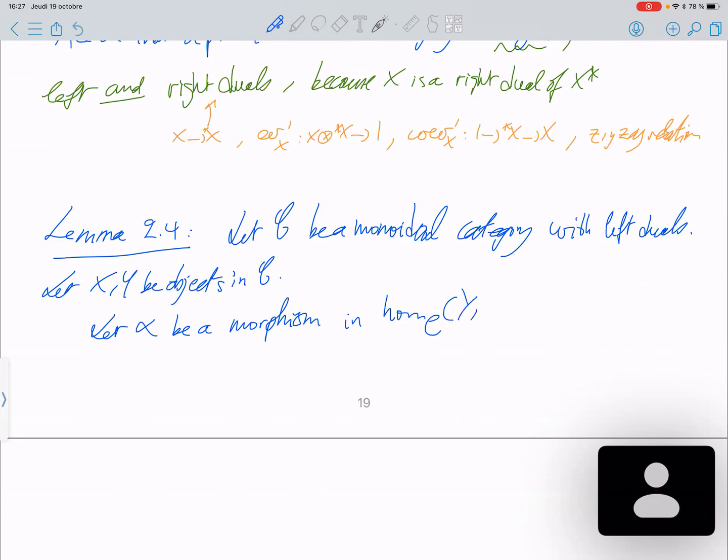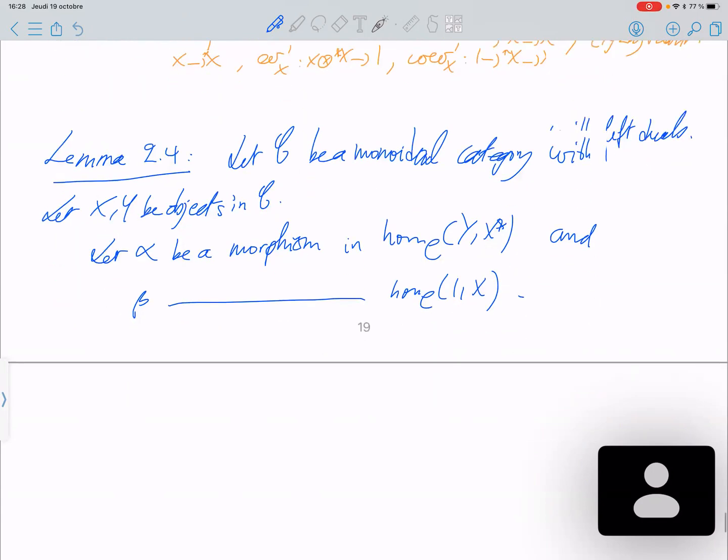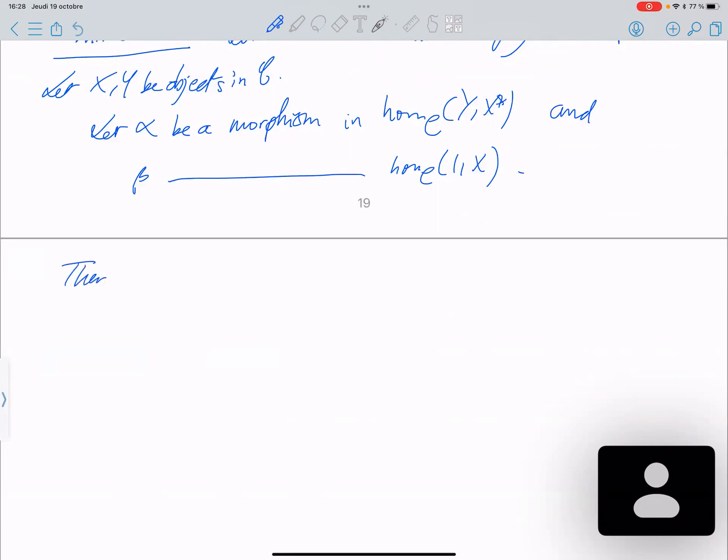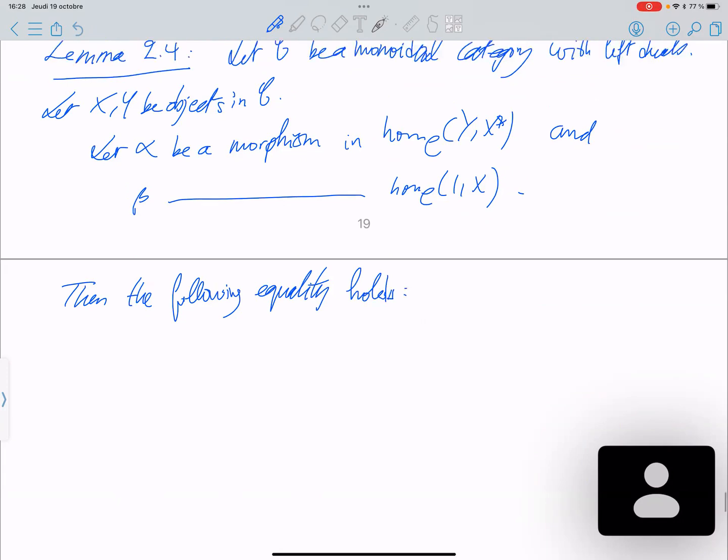Y, X star, and let beta be a morphism between 1 and X. Then the following equality holds.